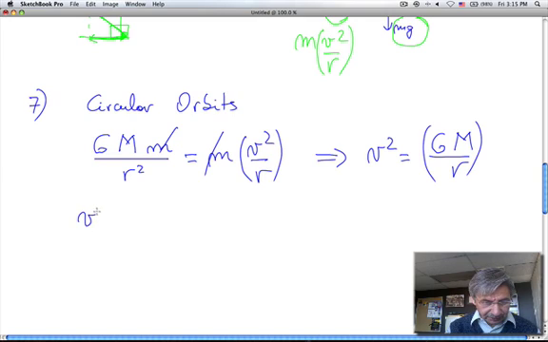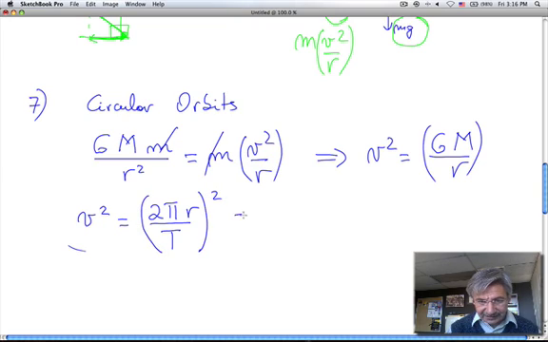Well, it's also solved in problem numbers 7 and 8. What happens is that the linear speed in circular motion is equal to the distance that you travel in one turn divided by the time that it takes to do one turn. So the square is this. So this is equal to that.